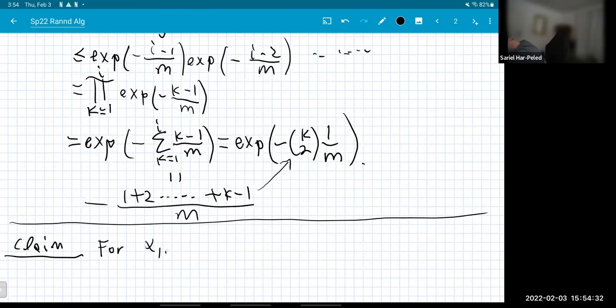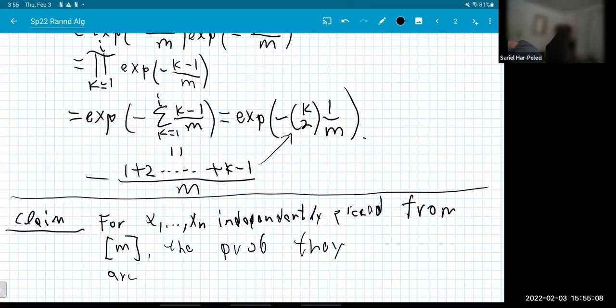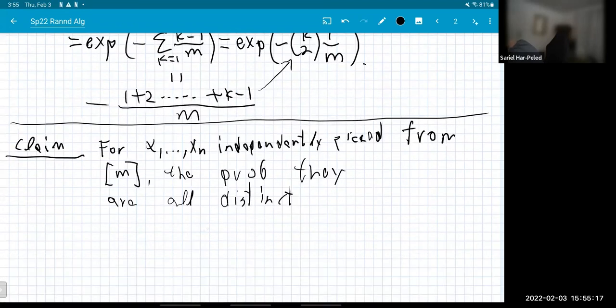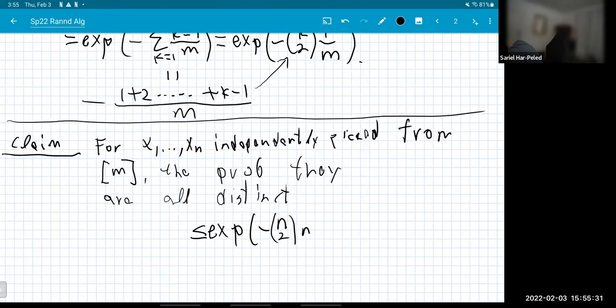For x1 to xn independently distributed, picked from M, the probability they are all distinct is, as we just said, smaller than exp of minus n choose 2 over M. So that's what I just proved above.